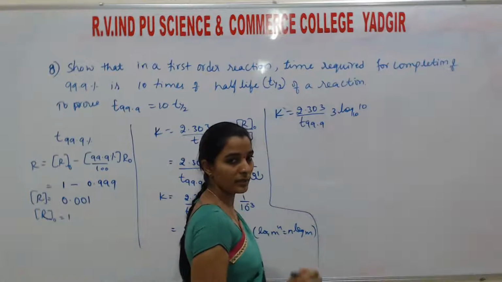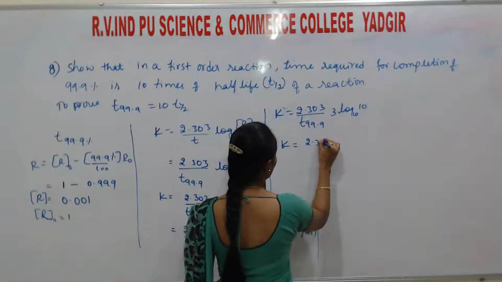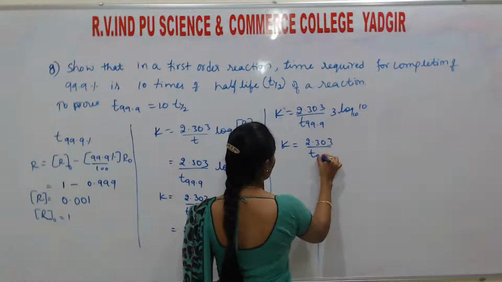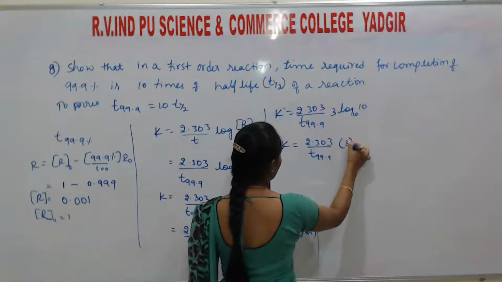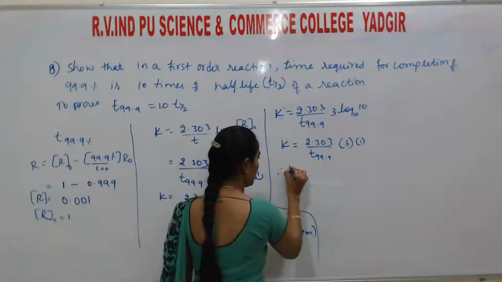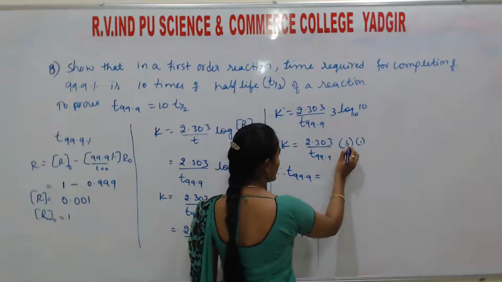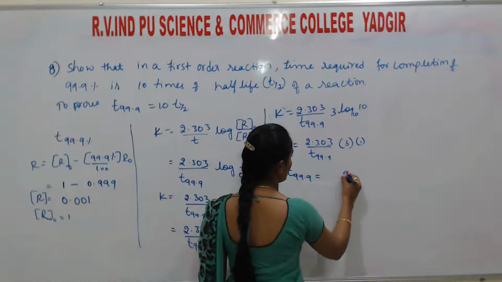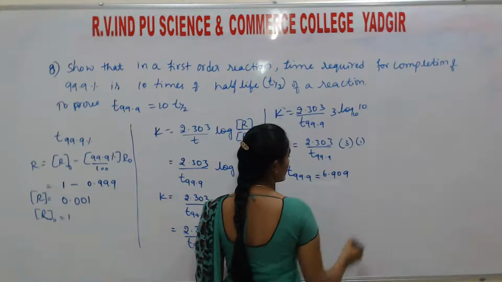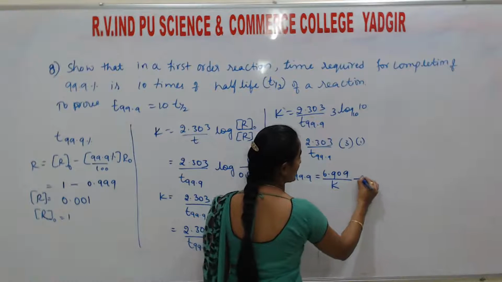Log 10 to base 10 means 1. So k is equal to 2.303 by T 99.9 into 3 into 1. Therefore, T 99.9 is equal to 6.909 divided by k. This is equation 1.